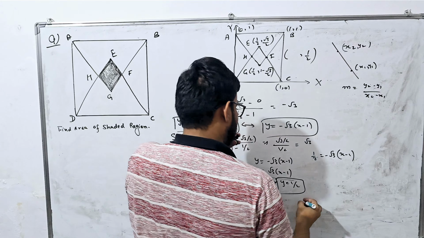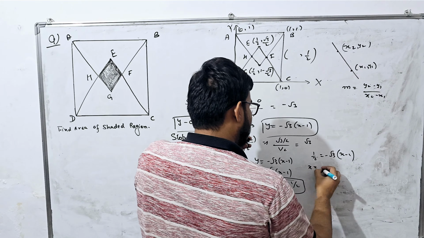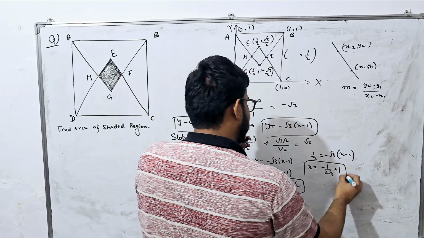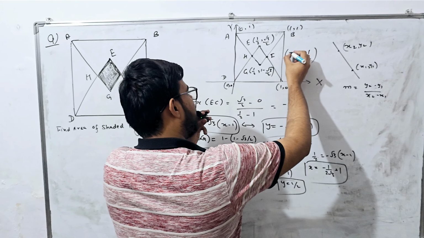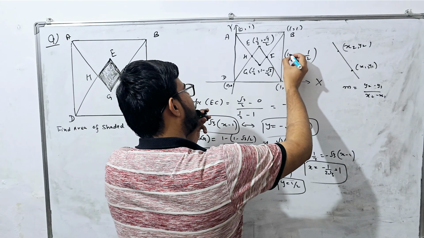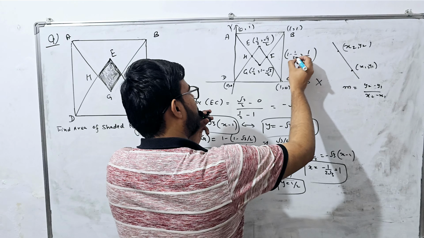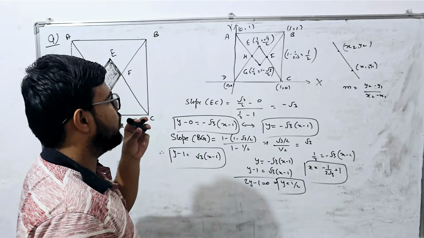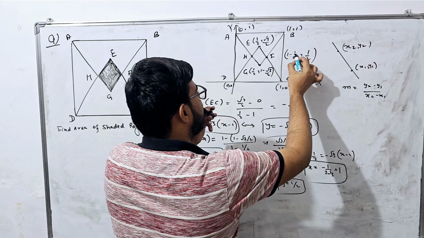So we get from this that x is equal to negative 1 by 2 root 3 plus 1, right? Okay. So this is the result for the point F.